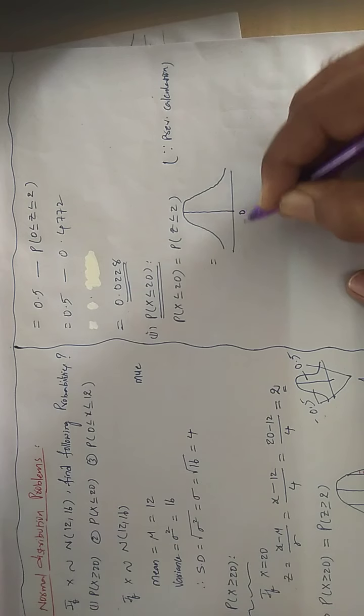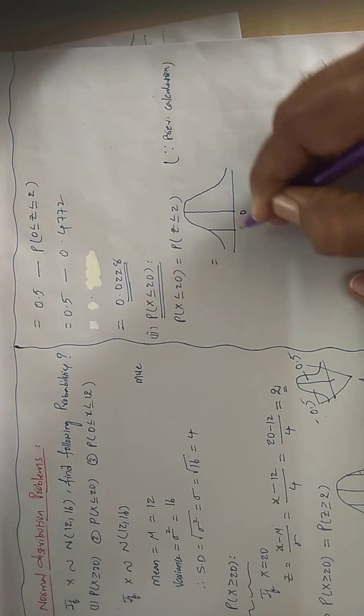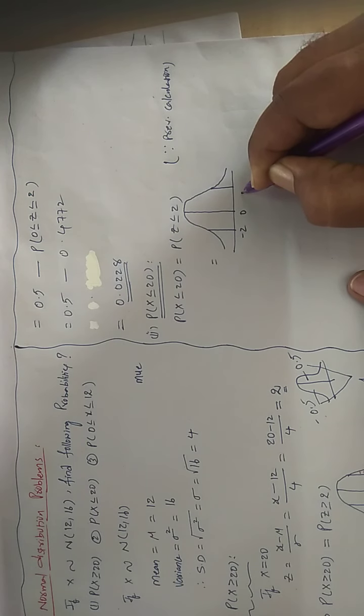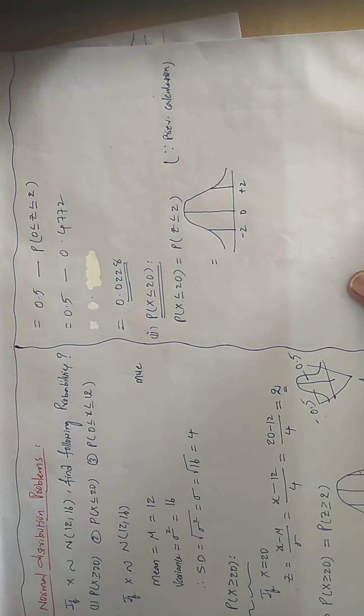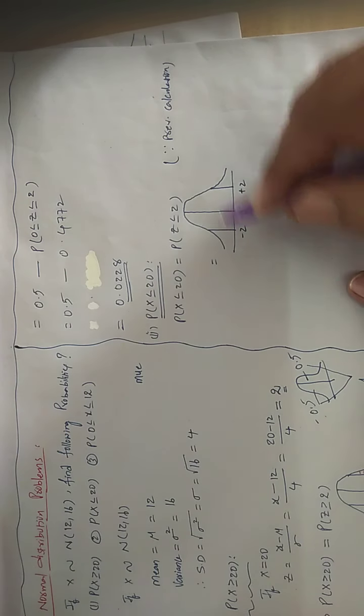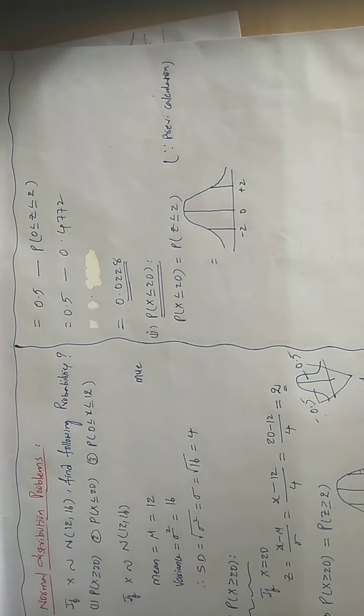So this is 0, this is minus 2, this is plus 2. This entire probability is required. Then what is the shading going to be? Less than or equal to 2.